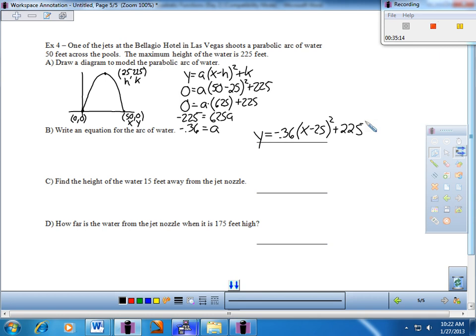Now, what do you say we make a couple predictions from this? We just have to be careful. Whatever drawing you use, just make sure your information is consistent all the way through. So when I do my prediction on C and D, it needs to work. It says find the height of the water 15 feet away from the jet nozzle. So start at the jet nozzle and go 15 feet. And so that would be basically right here.